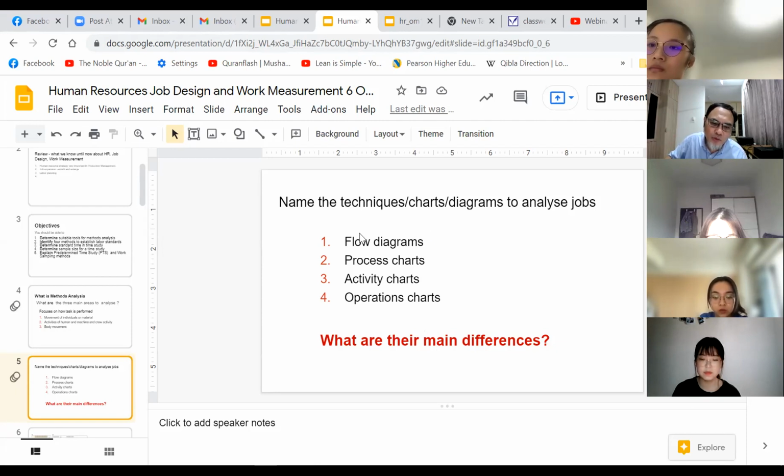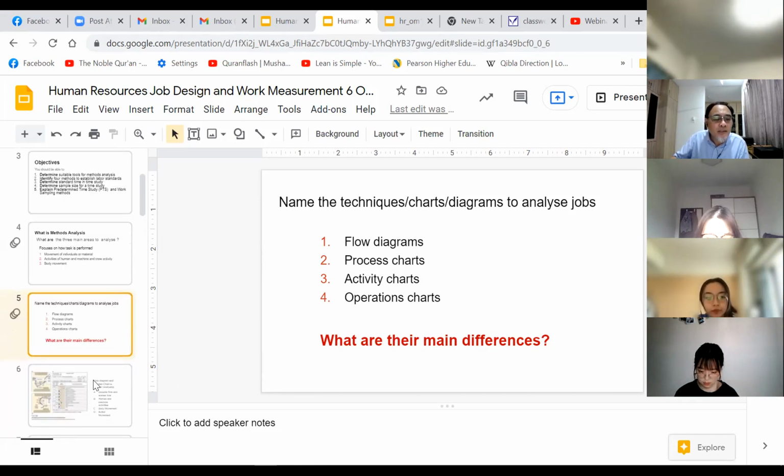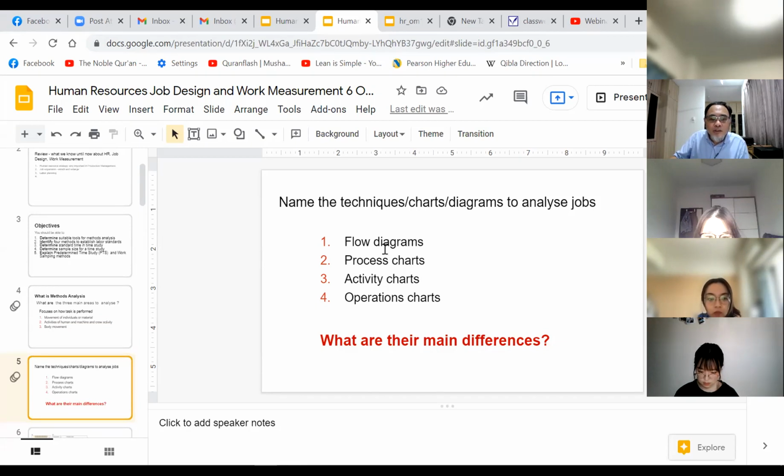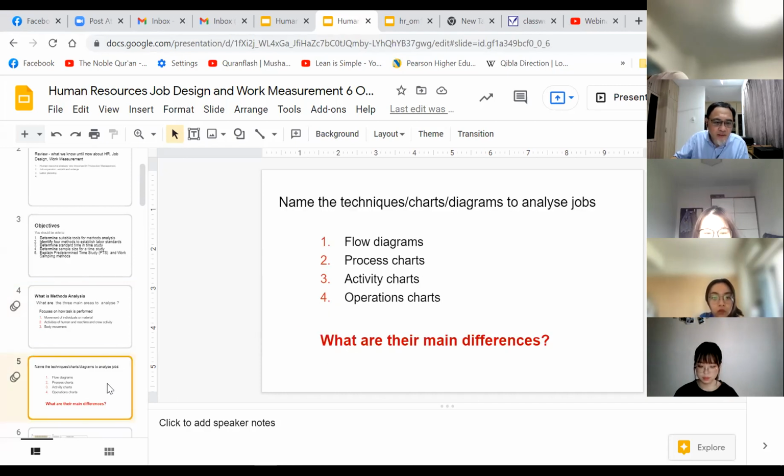There are many other charts actually, because this is only basic methods analysis. If you study engineering, then probably you have other charts. So you have flow diagram, process chart, activity chart, and it depends on the focus.